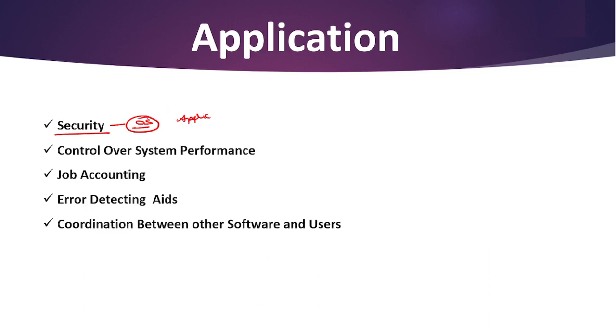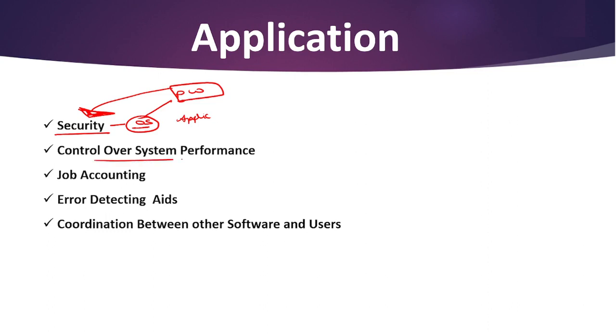With the help of operating system we can set a password on our computer system, our laptops, or our mobile phones. When we set a password on our system, it will definitely help us to save our data and make our confidential things secure.